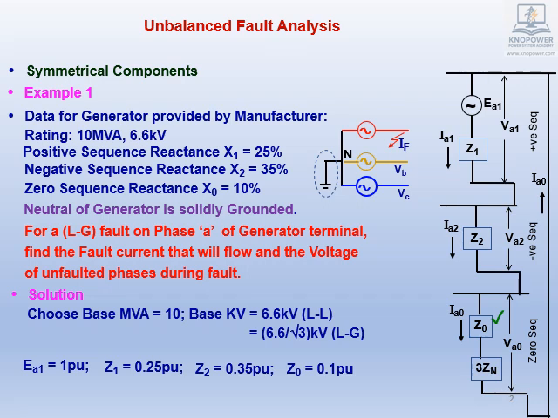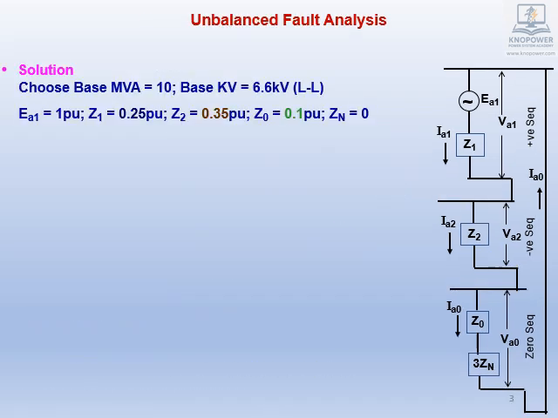Zero sequence impedance Z0 equals X0 equals 0.1 per unit. As neutral is solidly grounded, Zn equals 0. The major parameters are repeated for ready reference.